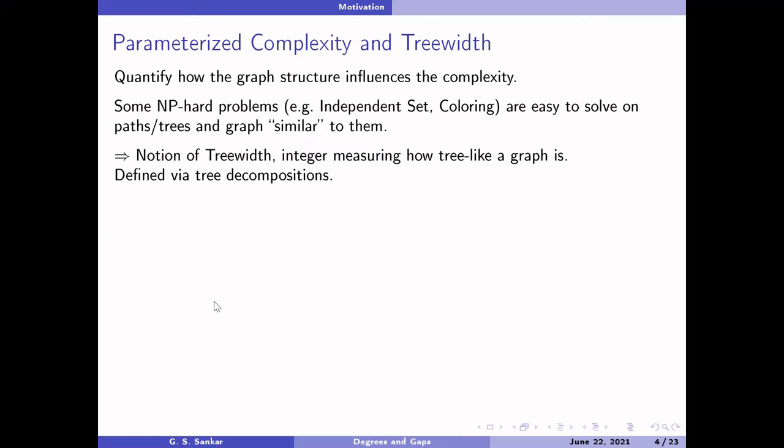For example, a cycle is very close to a tree. It's just one edge away from being a tree. The reason we consider treewidth is because a lot of NP-hard problems like independent set and coloring are easy to solve on paths or trees, and they're also easy to solve on graphs that are like trees in some way. Treewidth is defined by tree decompositions, which we'll get to in a minute.